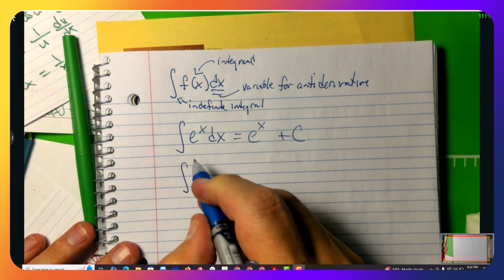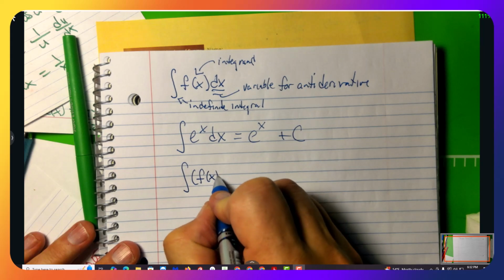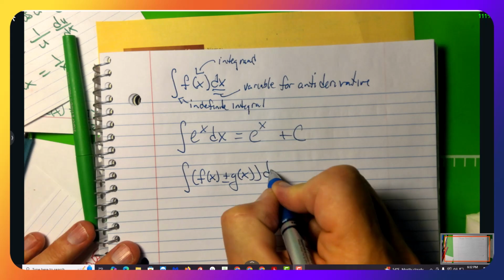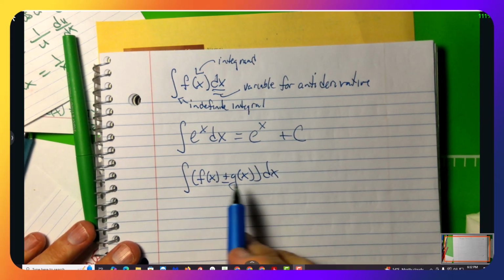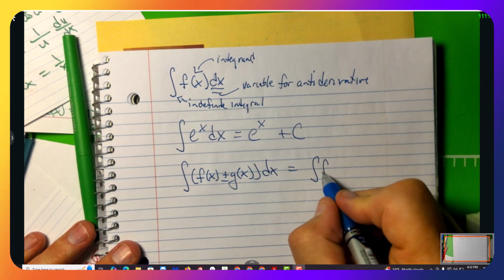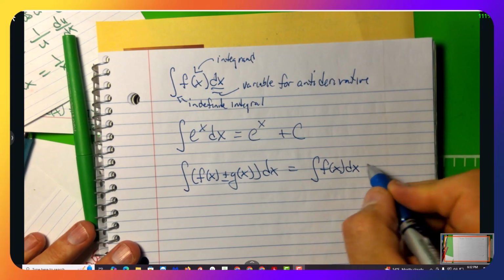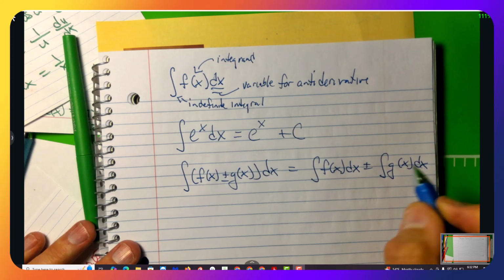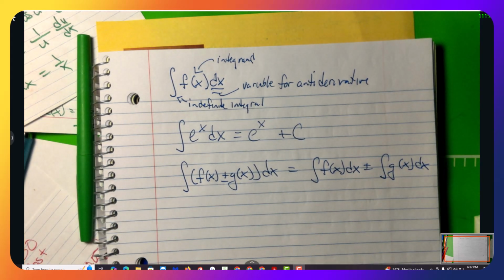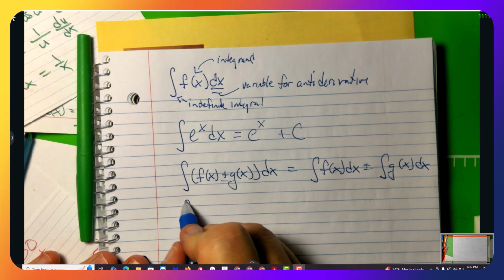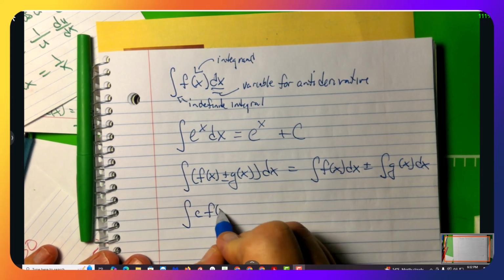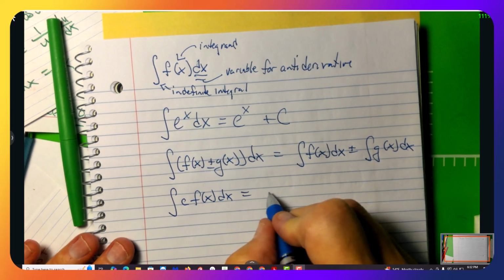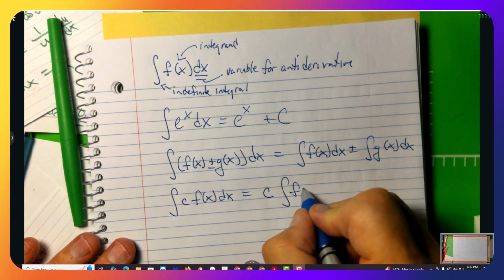So when you have, and we use f of x a lot, the antiderivative of the sum or difference of two functions is the sum or difference of the antiderivatives. And I really need you to focus on the vocabulary. If you have a scalar multiple and you want the antiderivative of a scalar multiple, you can factor out the scalar.